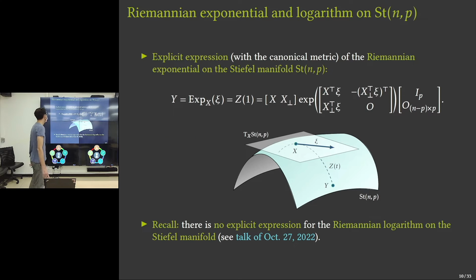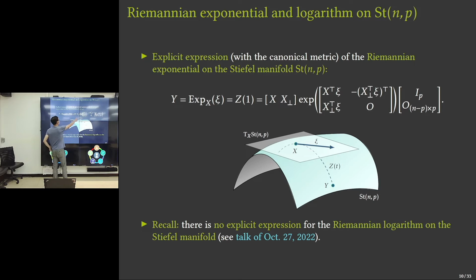Here we also have a slide on the Stiefel manifold. Again, we have the explicit expression with the canonical metric. It has this form. We just choose t equal to 1, and then this is the expression of the Riemannian exponential.